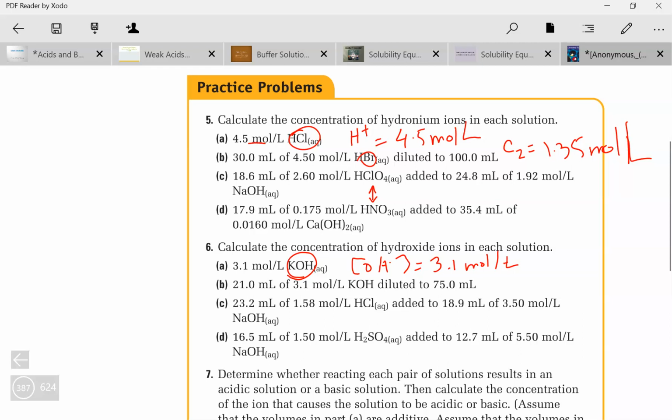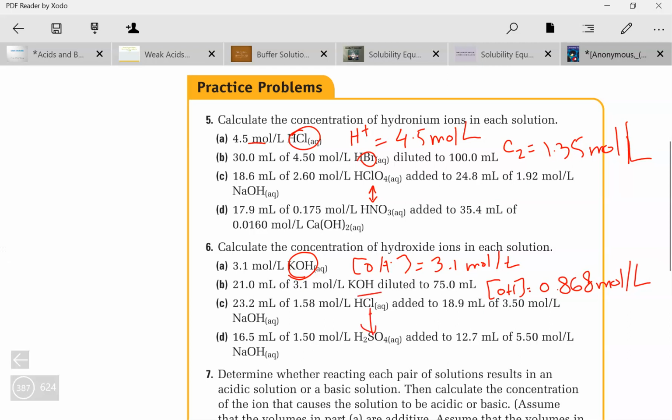Again, this is a dilution question, so we do the dilution. 21 times 3.1 divided by 75. So concentration was 0.868 after dilution, and that will also be the concentration of OH minus because it is a strong base.